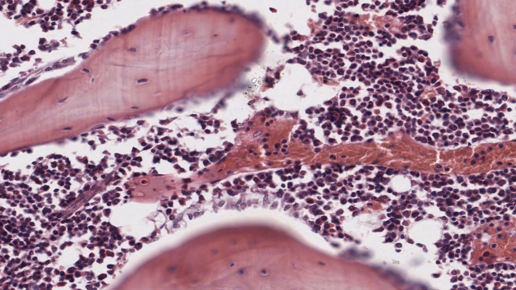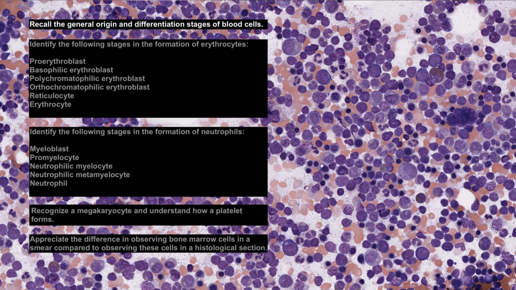Red blood cells only have a lifespan of 120 days, neutrophils even less. So it's important that we have a tissue that continually renews all these blood cells by hematopoiesis, and that is the bone marrow.